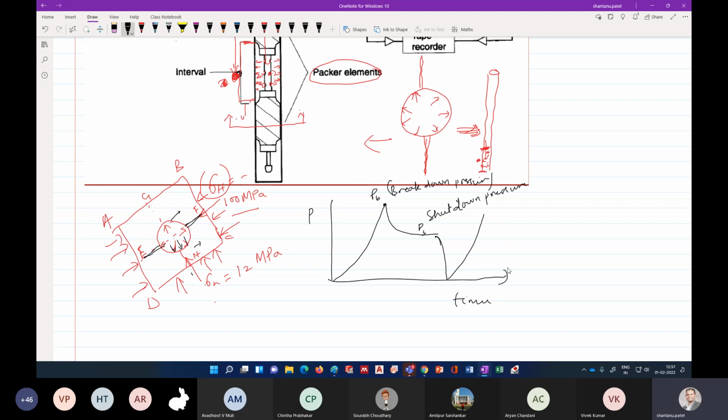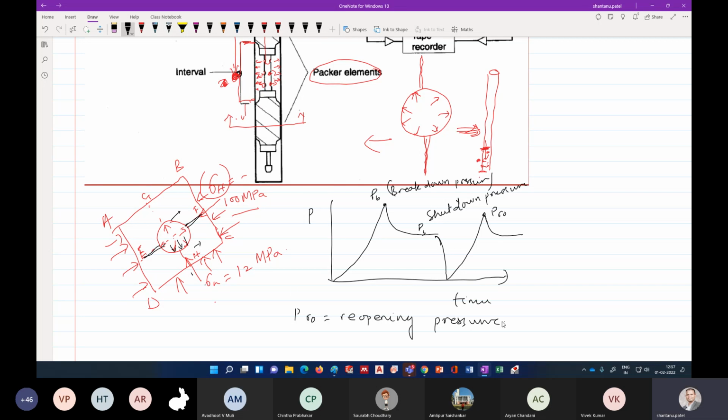The fracture is there, and you start your pump again. Where this pump will again reopen the fracture is the reopening pressure, P RO.